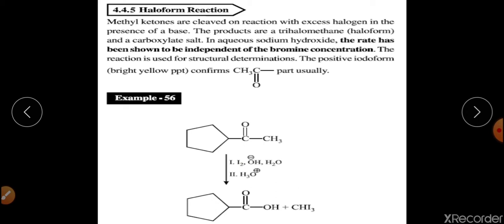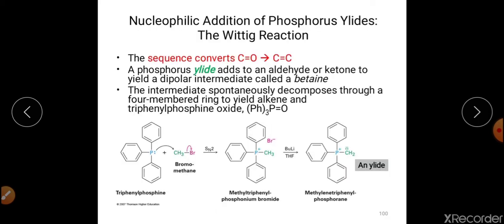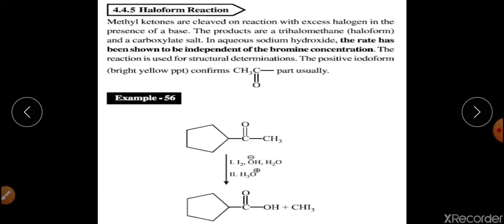So this is converted into the carboxylic acid, and CHI3, that is iodoform, will be separated out during the course of this reaction. So this reaction is called the haloform reaction, and this is a very important reaction that indicates the presence of this particular group, that is the methyl ketones, in any ketonic part, right? So this is called the haloform reaction.